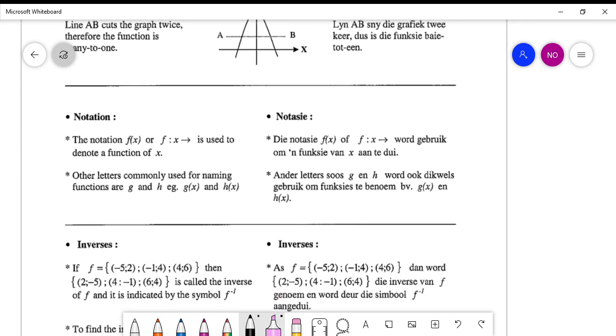Okay, then when we're looking at notation, these you don't have to worry about so much. You just need to understand them. Whether we are saying f of x, which is the one we normally use, or we can write it like this. We are saying the same thing. Okay, maar baie keer sê hulle vir jou die funksie in terme van x beeld af na, and then they can say x squared plus 3x plus 2, for instance.